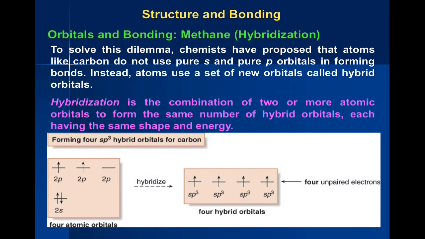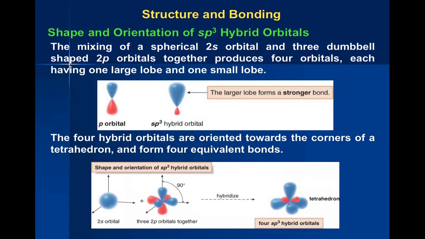Okay? When you do all the overlapping to get the hybrids, that's what you end up with. So this is what an sp3 orbital looks like. It looks a heck of a lot more like a p orbital than it does a ball, right? And so when we take this s orbital and these p orbitals and put them together, we get these sp3 hybrid orbitals that point towards the corners of a tetrahedron, okay?